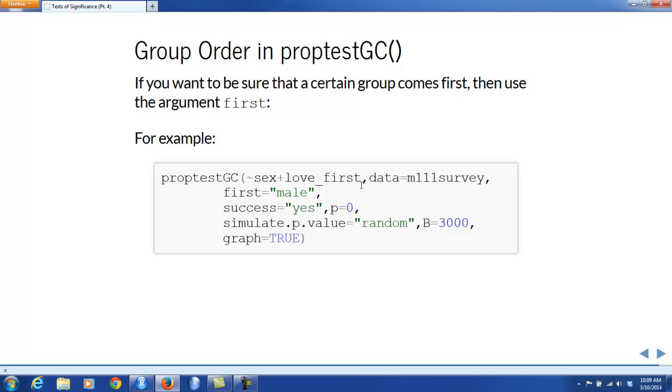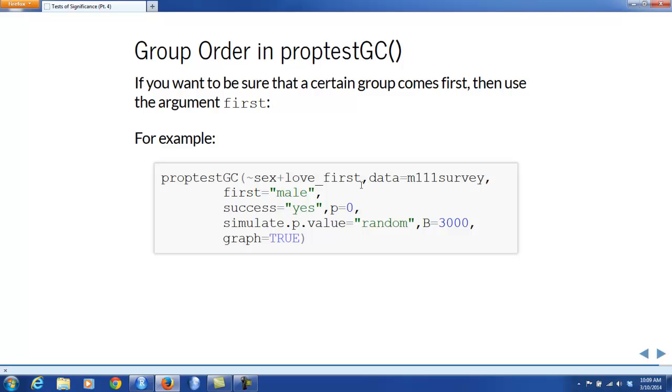Just another note or two. Since prop test GC can deal with the difference between two proportions, there's the question about which population comes first. When you define your parameters, you define a certain population to be first.